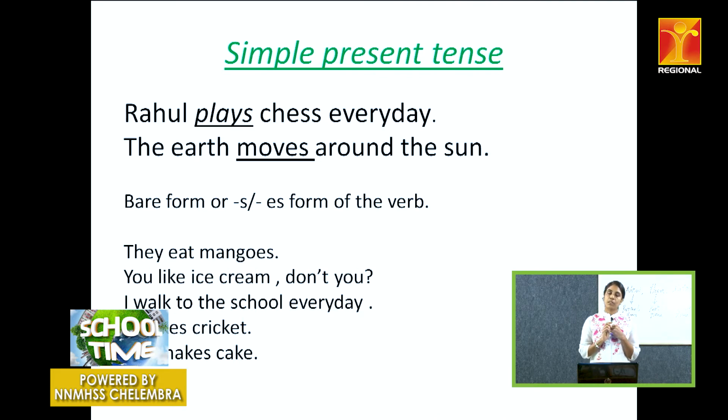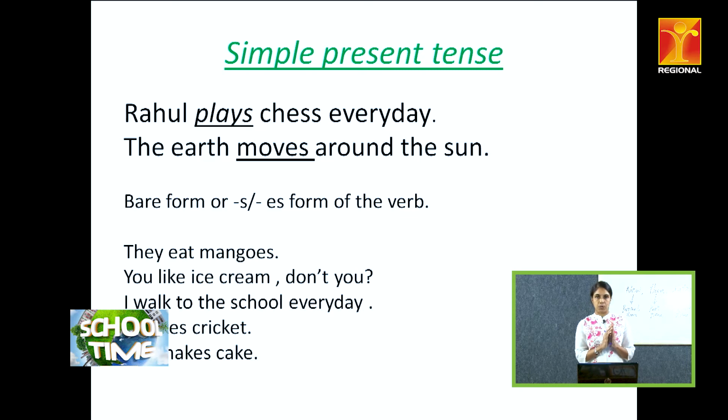And how can we form such a sentence? For forming simple present tense, we are using the bare form or the S or ES form of the verb. What is the bare form of a verb? The bare form of a verb is the plain infinitive of a verb. For example, eat is the bare form of that verb.